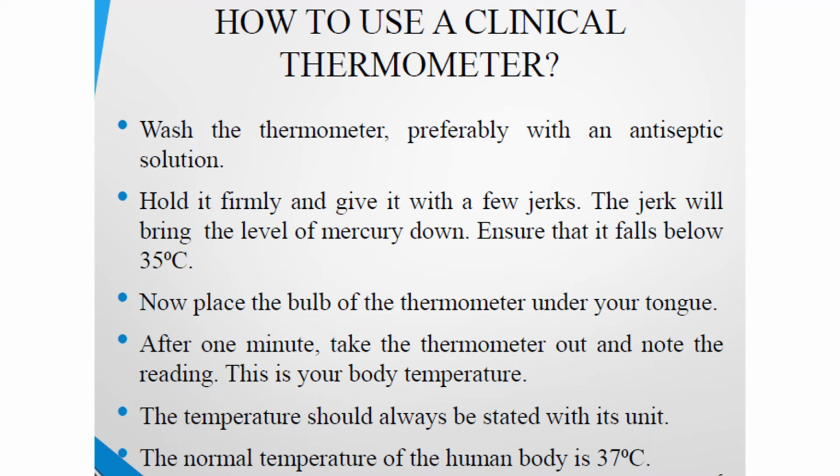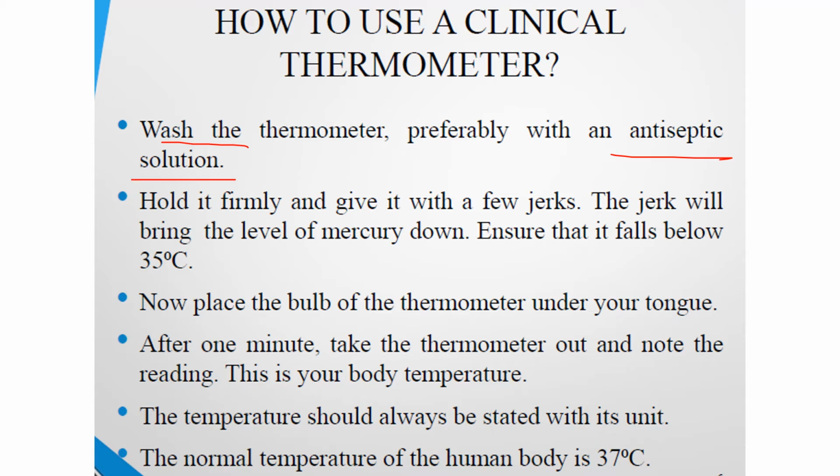Now, if we forgot na nahugasan, tapos sinubo natin sa bunganga, so may tendency na magkakaroon po tayo ng bacterial infection. So, remember, pag gumamit po ng clinical thermometer, dapat hugasan at dapat antiseptic solution ginagamit.